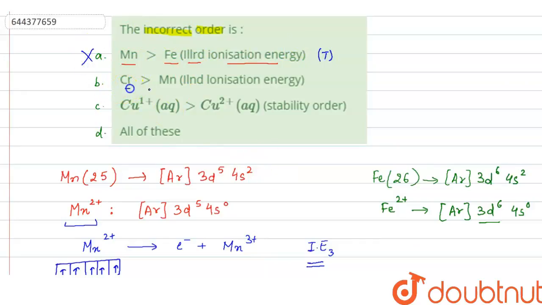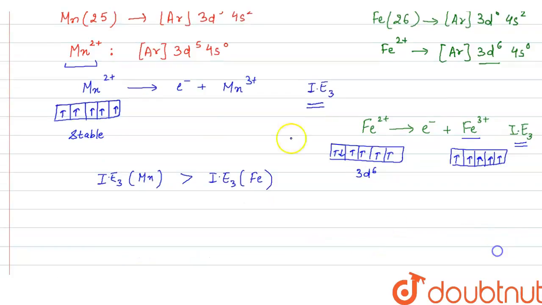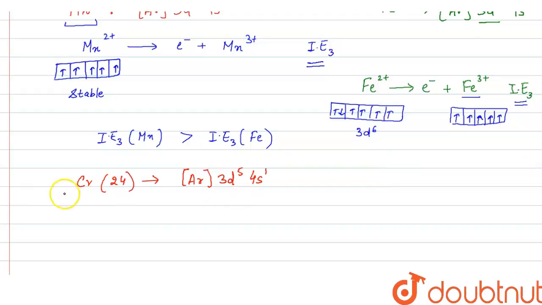In option B, it is given that chromium second ionization energy is greater than manganese. So let us see, we have chromium. Chromium atomic number is 24, so its configuration is argon 3d5 4s1. When it removes one electron, it forms Cr+ and its configuration will be argon 3d5 4s0.